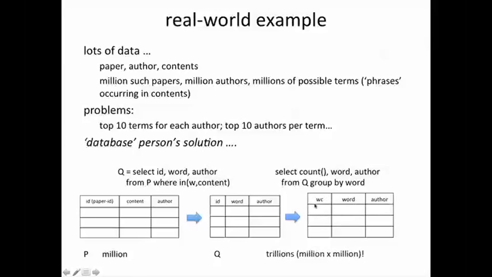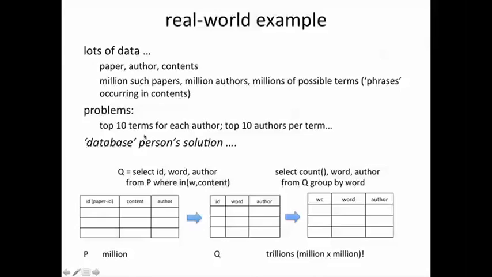That works out to million into million or a trillion entries. Even if you don't have zeros and you get rid of them by suitable modifications to your joining and counting process, you'll still have many billions of entries in this table merely to solve this kind of a problem.